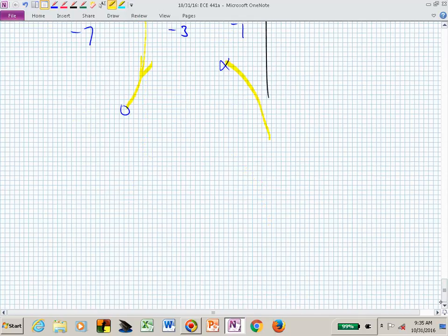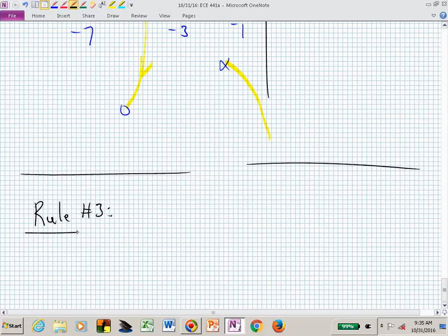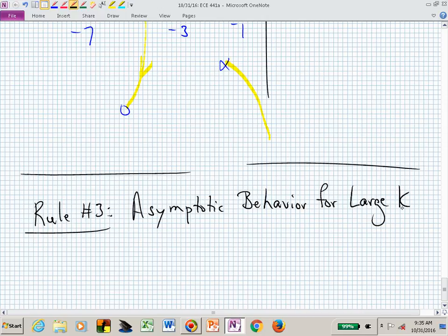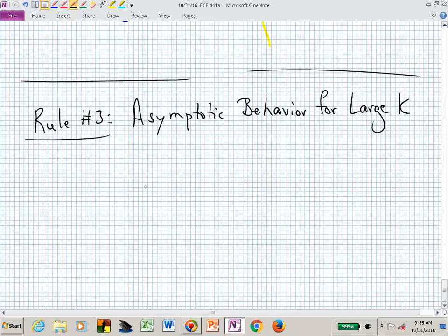But let's look at rule number 3. Rule number 3 is the asymptotic behavior for large K. And now the asymptotic behavior is going to come into play when the number of poles, and that's what I'm calling P, is not the same as the number of zeros.